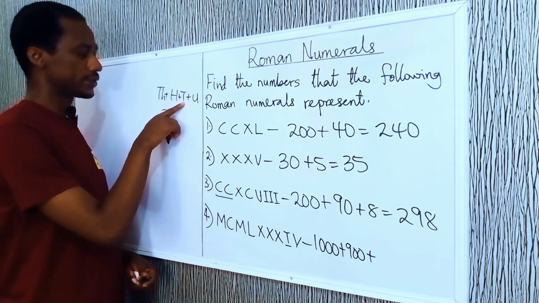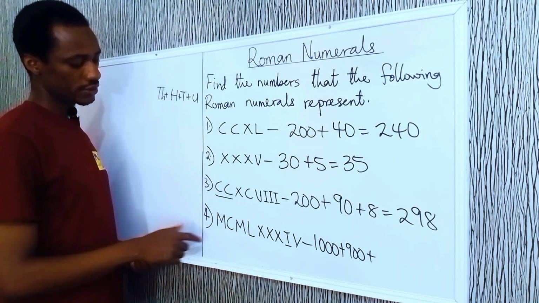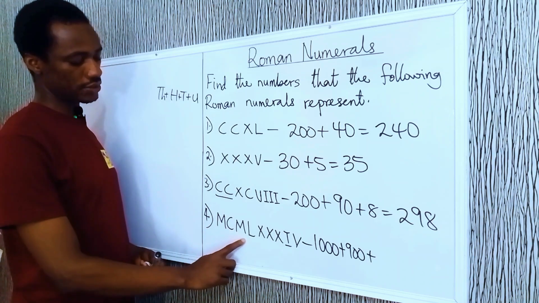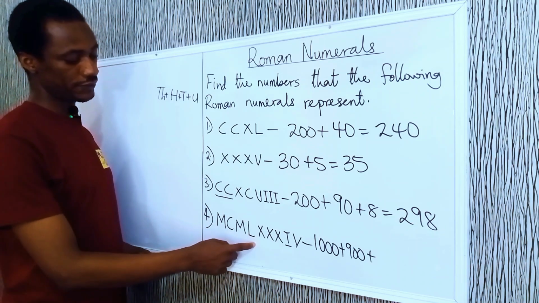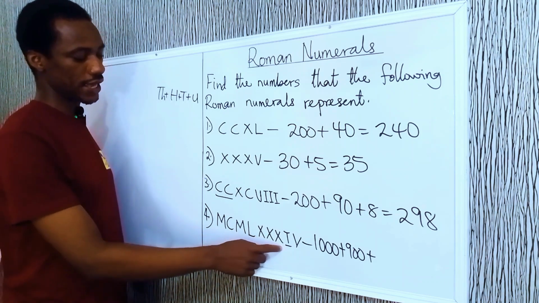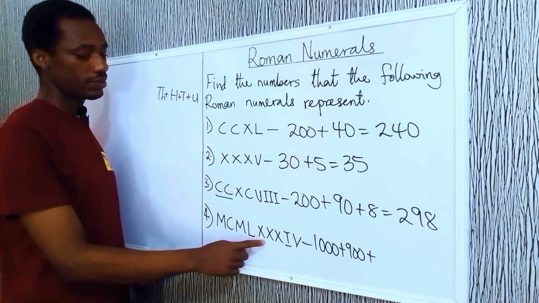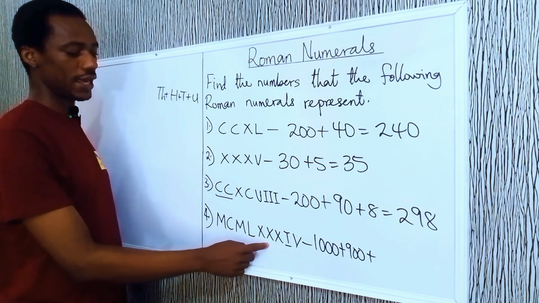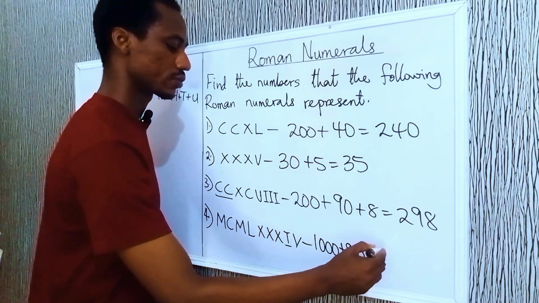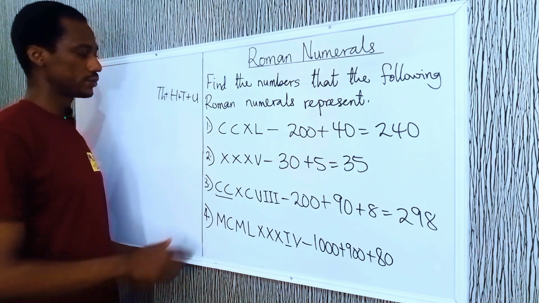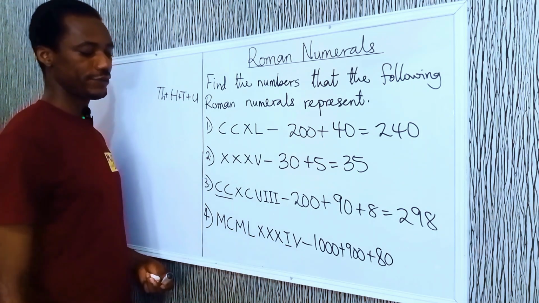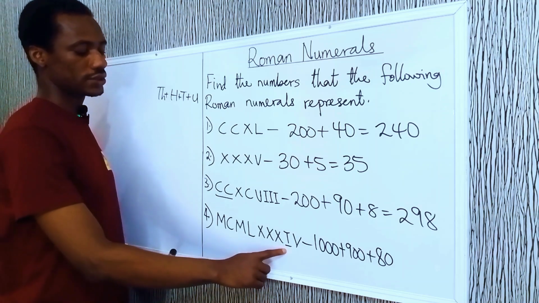Then we'll move to the tens. We're done with MCM, 1,900. And then you have 50 plus 30, and that is 80. 50 plus 30, LXXX. That is 80. Then for the units, you have IV, 1 and 5.